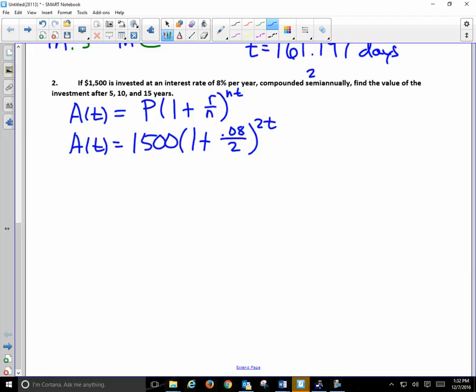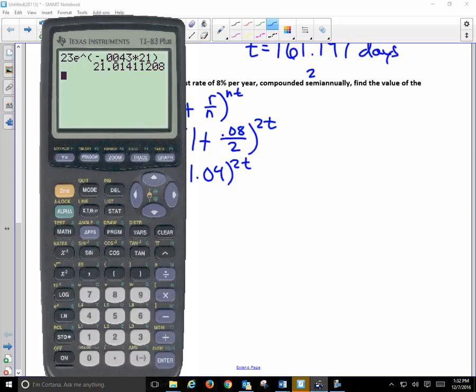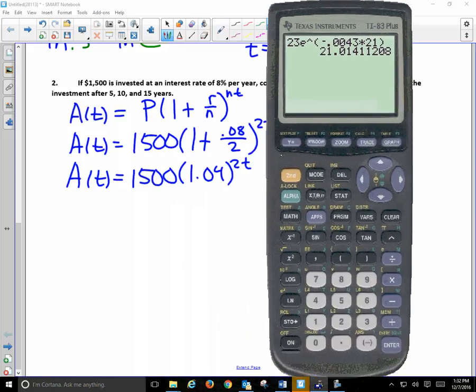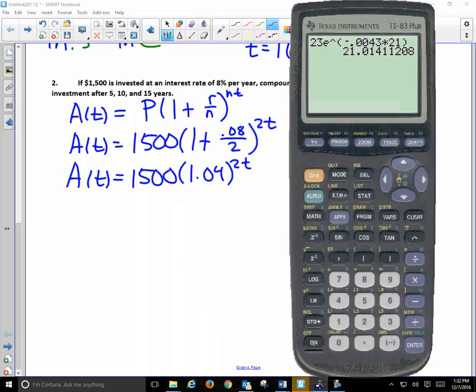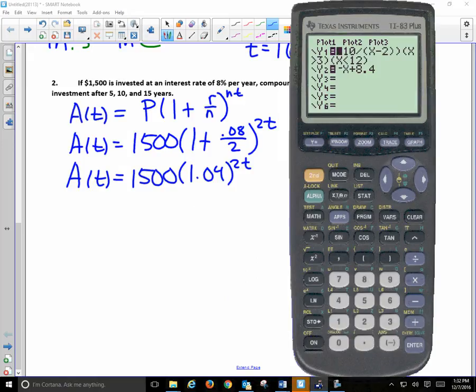So I'm going to take this and plug it into my calculator: 1,500 times 1.04 raised to the 2t power, and I'll just type in 3 values: 5, 10, and 15.